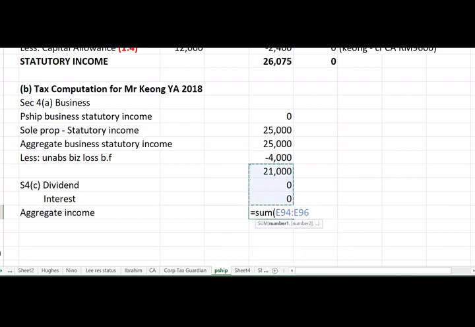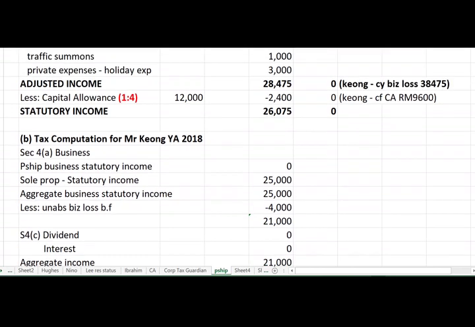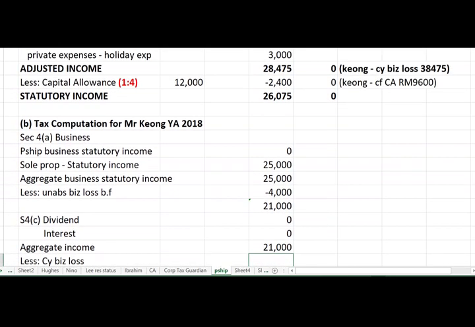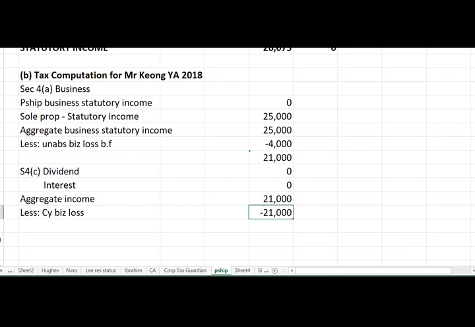So actually it's 21,000, and you're supposed to minus off your current year business loss. Now what is the loss? See, the loss is 38,000 plus, so you would have got all the loss deducted up to a maximum of 21,000. Then the medical equipment donated, you can't claim because you have no more income, right?